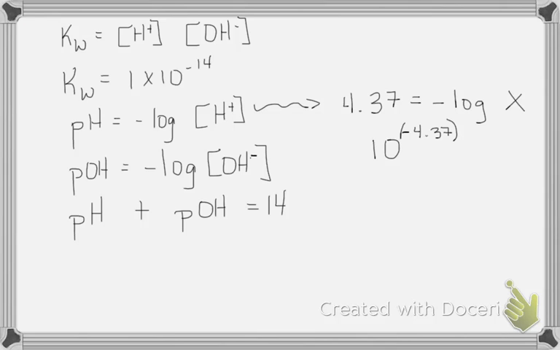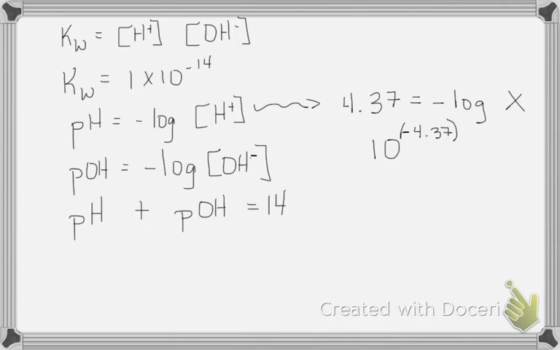What you're actually doing is you're saying 10 raised to the negative 4.37. That's an inverse log. 10 to the x on your calculator, isn't that what the inverse log is? If you look above that button on your calculator, it says 10 to the x. Why is it 4.37?